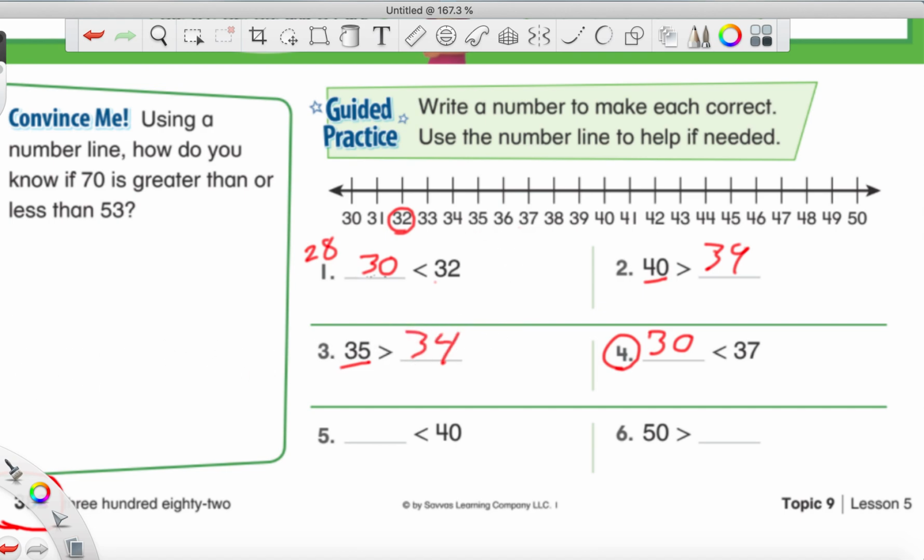Cool. All right. So now I'm going to have you do number 5 and number 6 all on your own. Go ahead and do those. I'm not even going to say anything. Try doing these next two completely on your own.